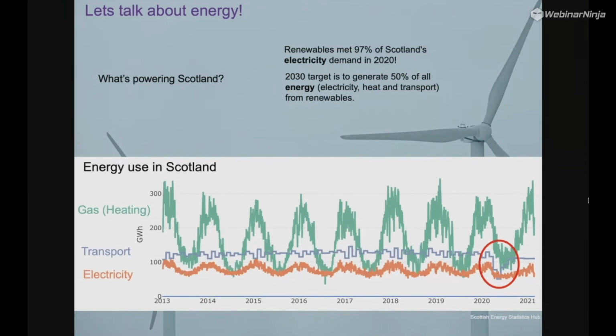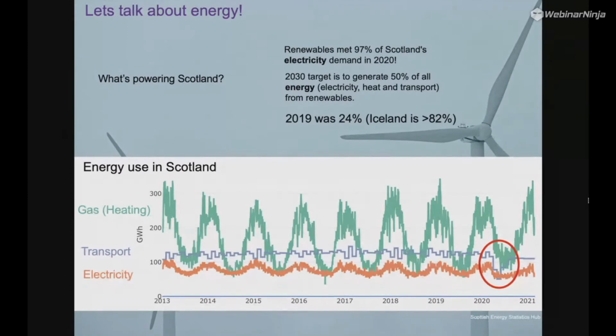Scotland's 2030 target is to generate 50% of all of its energy from renewables. And so this is now talking about electricity, heat, and transport all together. And we're at approximately 25% currently. We have largely decarbonized our electricity, and the potential for reaching this new target for all energy becoming net zero lies in decarbonizing heating and transport.